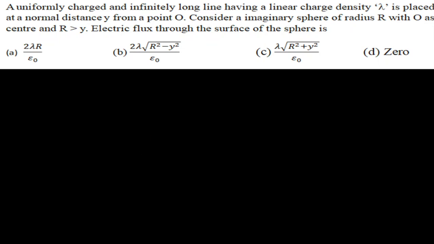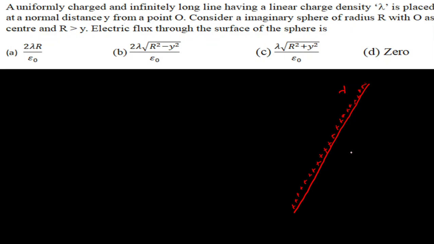Okay, so let me figure according to the statement of the question. Let's say we have an infinitely long charge-carrying rod like this. The charge per unit length is lambda, so write it as lambda, and it is located at a normal distance y from a point.